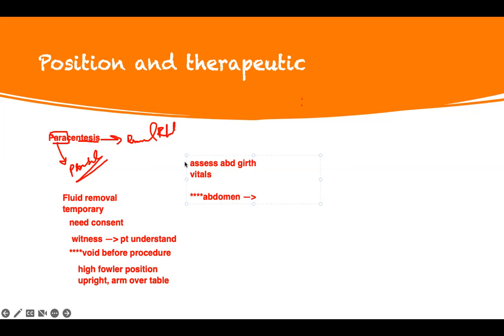If you remove it, they become hypovolemic. They're already hypovolemic, even though they have ascites, because the fluid is in the abdomen. If you do that, they'll become hypovolemic after the procedure. And so you have to watch for hypotension and headache and dizziness.